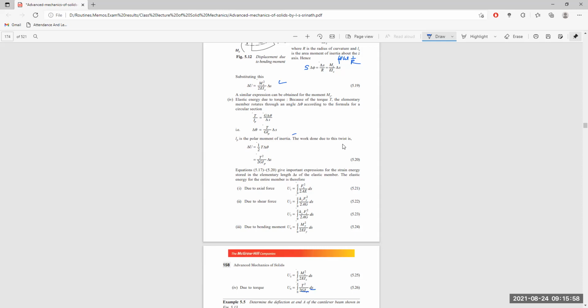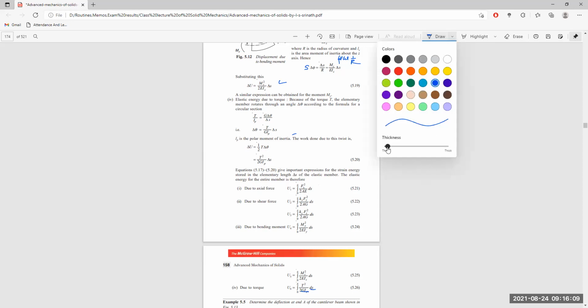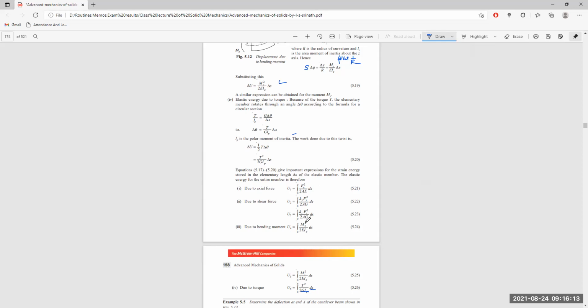So there are 6 different types of energy equations. One is due to the presence of the linear force X, the axial force. Next, linear force Y, which acts as a shear force.